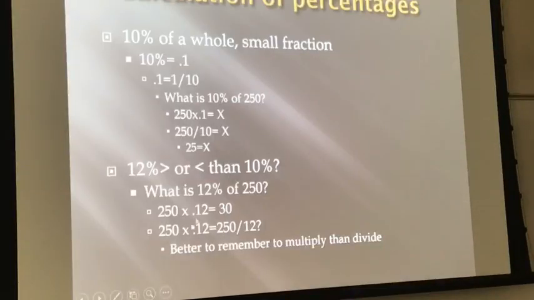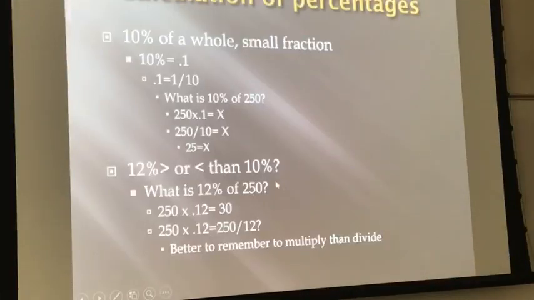So the setup works here, but what you're going to be better off doing, unless you're working on something like 10%, is to, rather than divide out, multiply 250 times 12. Okay?